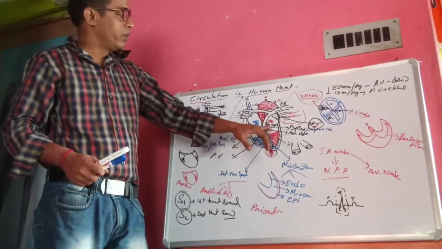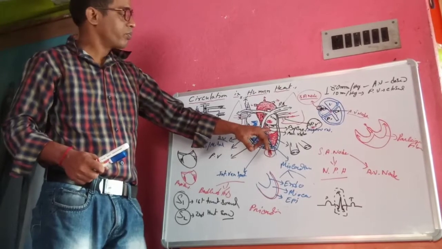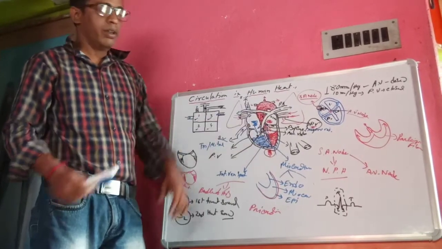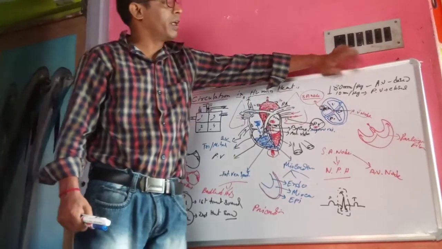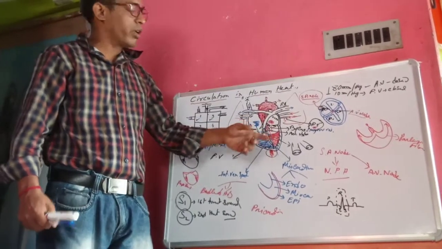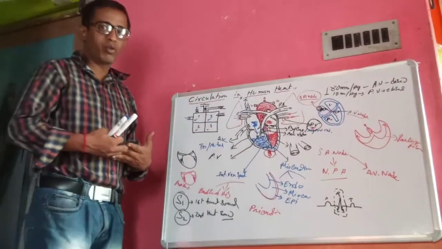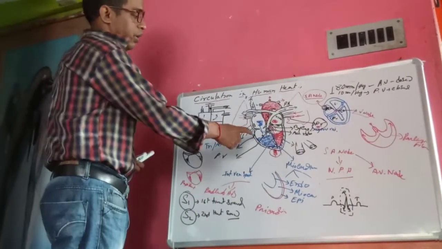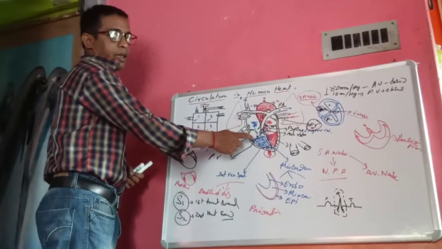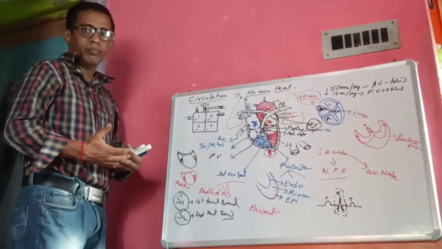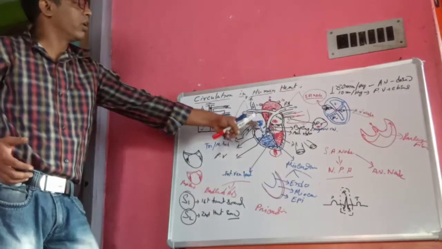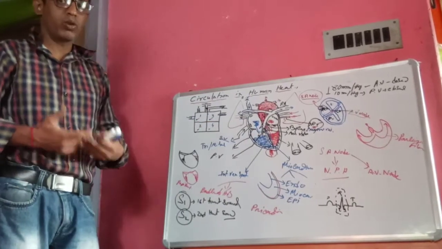When the pressure of the left ventricle becomes 80 mm Hg, the aortic valve becomes closed, and when the pressure of the right ventricle becomes 10 mm Hg, the pulmonary valve becomes closed.